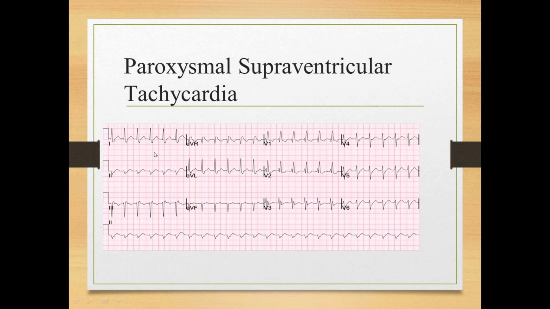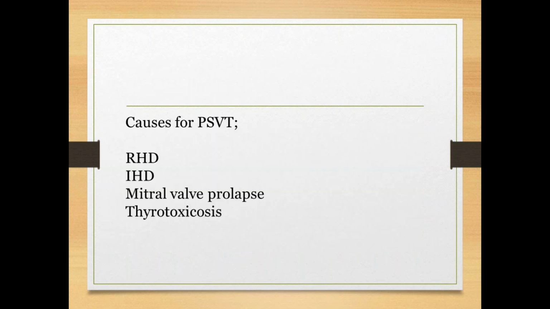Here QRS complex is perfect, STT is also perfect. You can see tachycardia here, but no P waves. So this is an ECG suggestive of paroxysmal supraventricular tachycardia. So causes for PSVT are rheumatic heart disease, ischemic heart disease, mitral valve prolapse, and thyrotoxicosis.